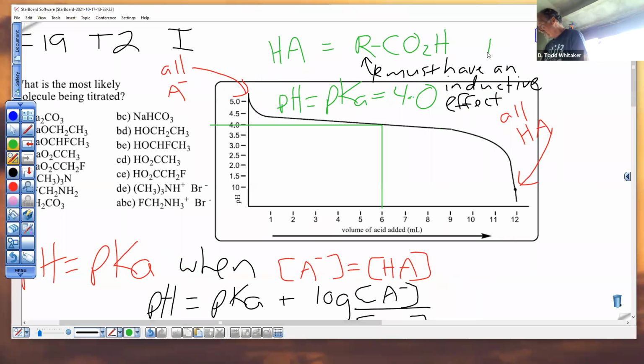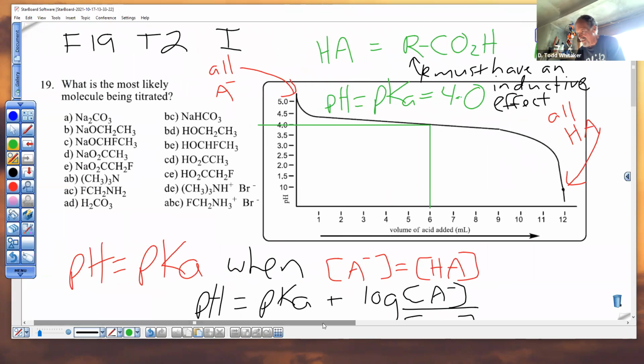That means it's easier to make RCO2 minus if R has an electronegative atom in it, which will make this a stronger acid. All I'm trying to say is RCO2H fits best, not this one, but this one, where there's an inductive effect of the fluorine attached to the R.